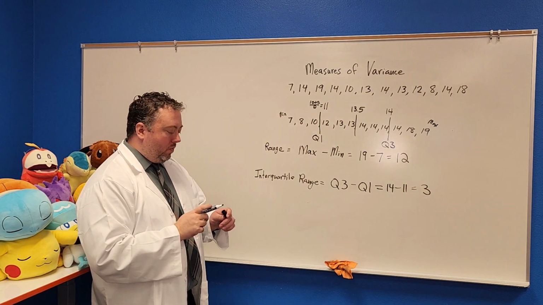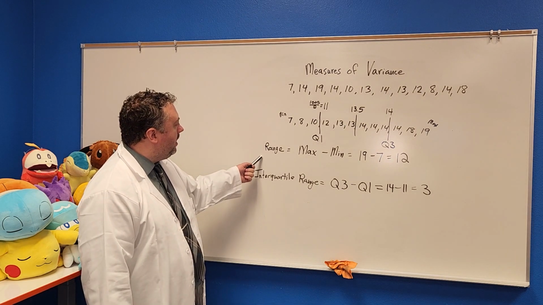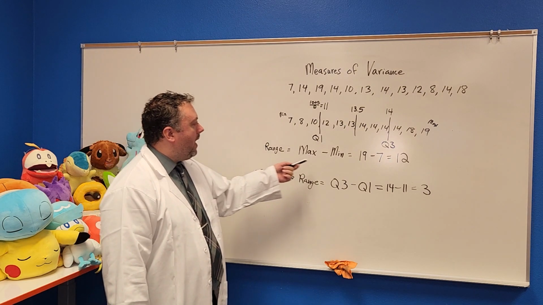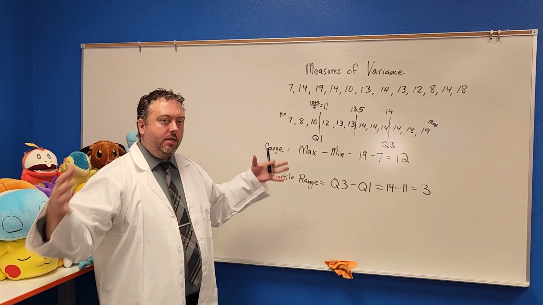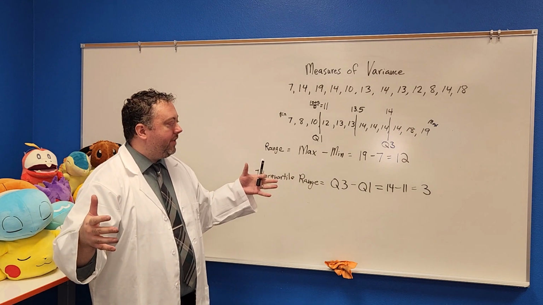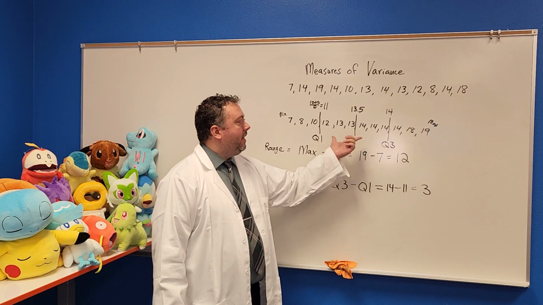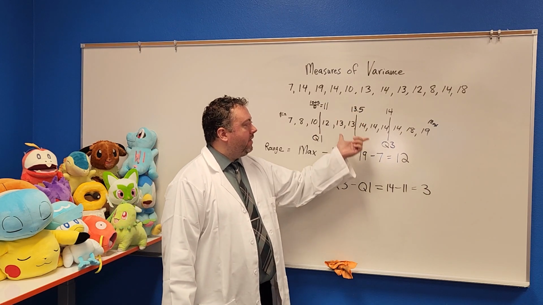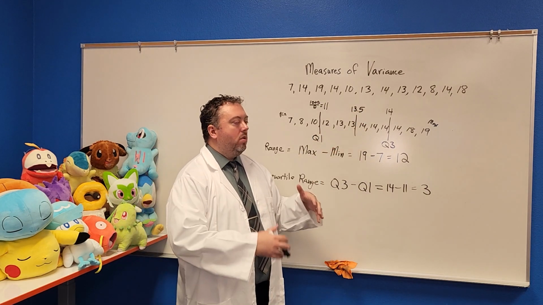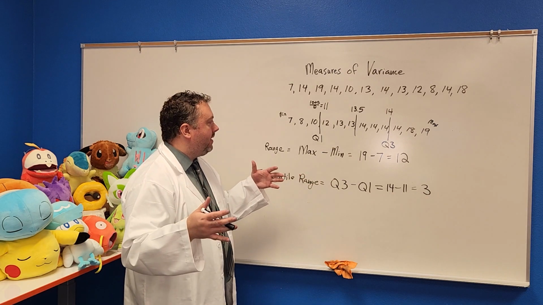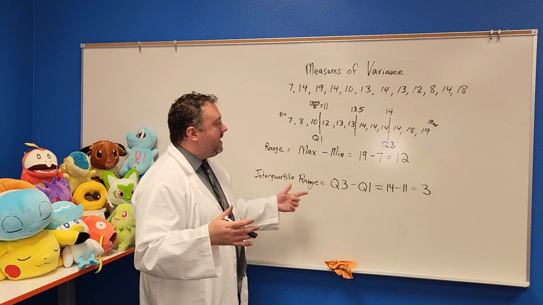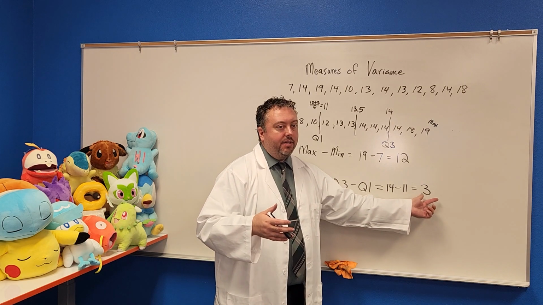So even though our range is 12, which means all of our data is within 12 units of each other, when we look at the middle of our data, which is the middle half of our data, half of our data is within 3 units of each other.